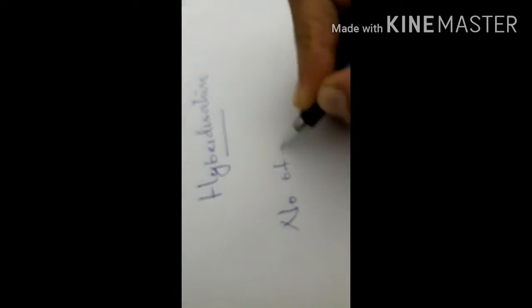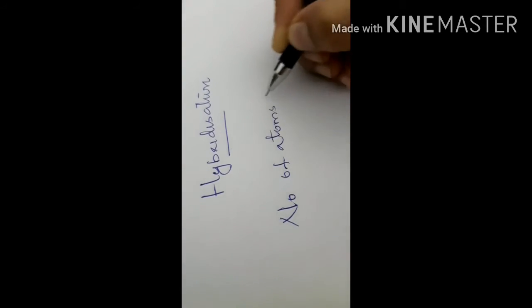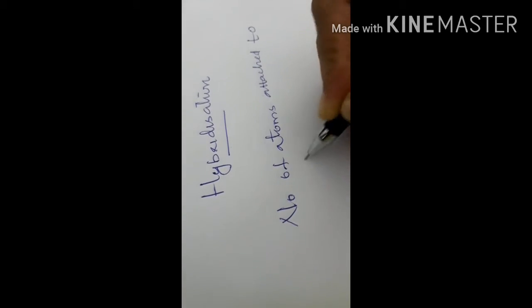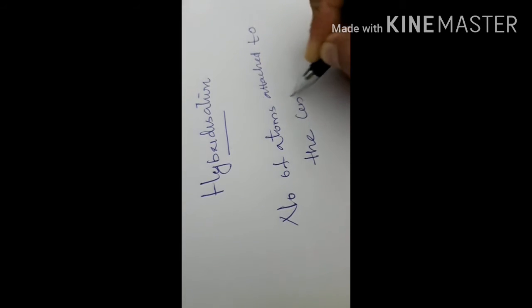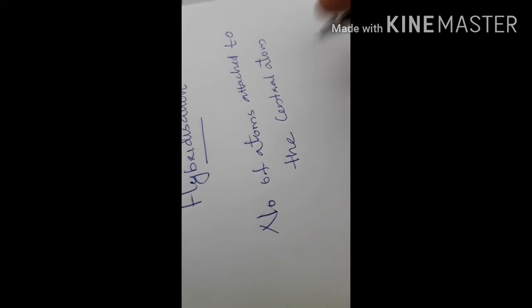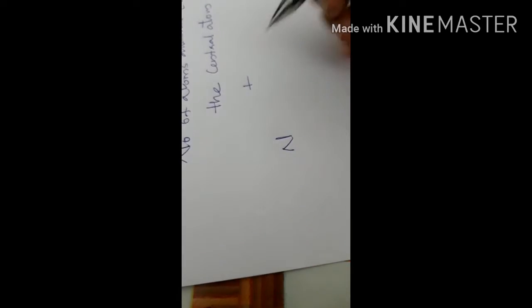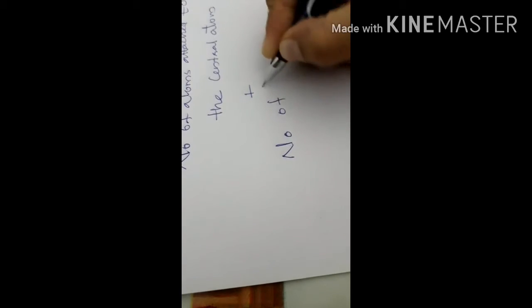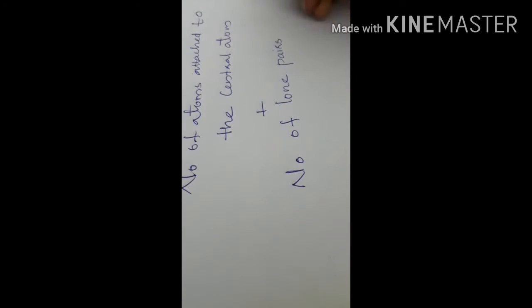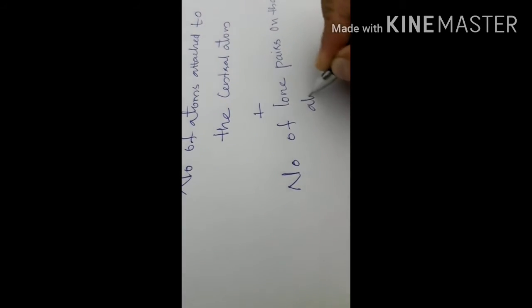The formula is: number of atoms attached to the central atom plus number of lone pairs on that central atom.